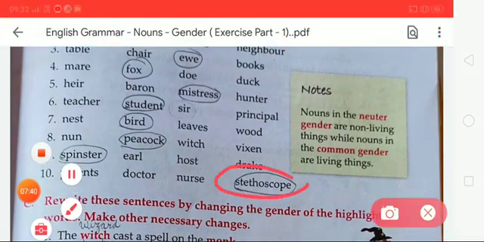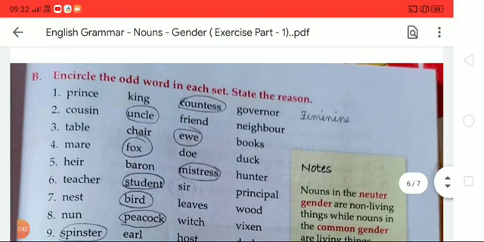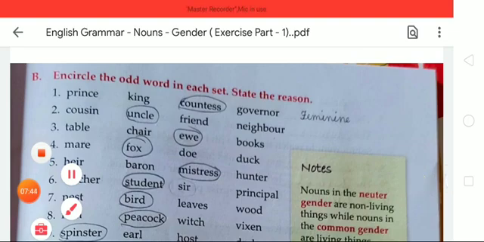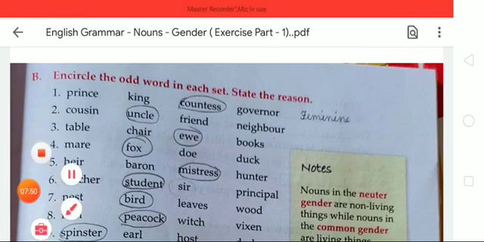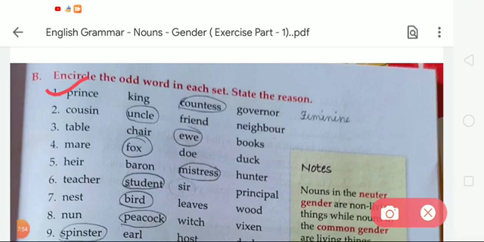Now we have to do one more thing, that is, state the reasons why we circle the given words. In number 1 you can see there is prince, king, countenance and governor. Countenance is a feminine word, so we have to circle it, and these all are examples of masculine words.